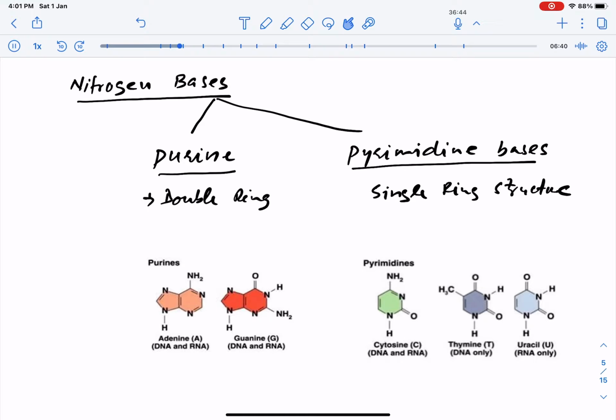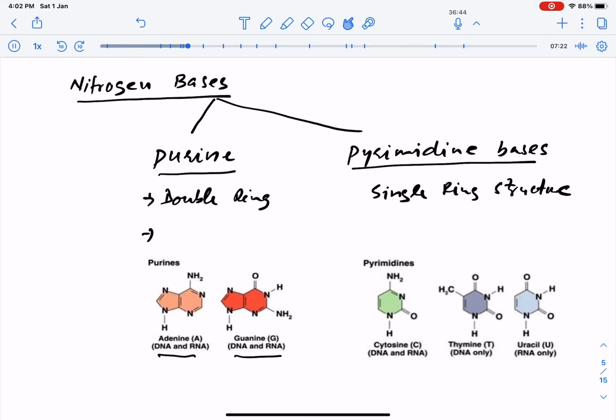So purine have higher molecular mass, whereas the pyrimidine have lower molecular mass. You can see the purine bases have a double ring structure, a hexagonal ring and a pentagonal ring joined together, whereas pyrimidine bases have the single ring structure. You do not need to know these structures for A levels.